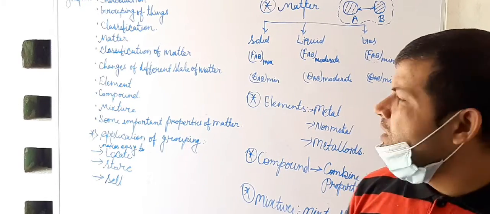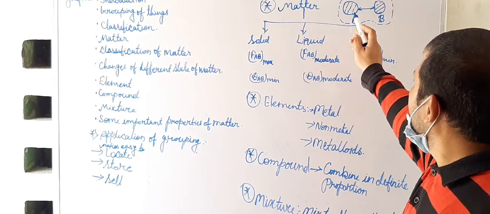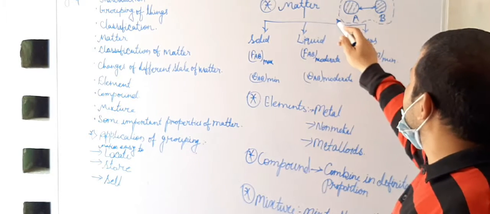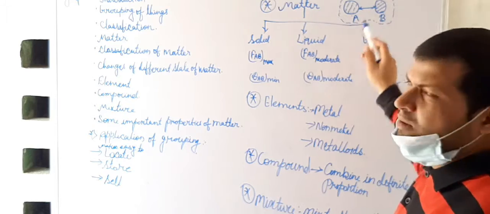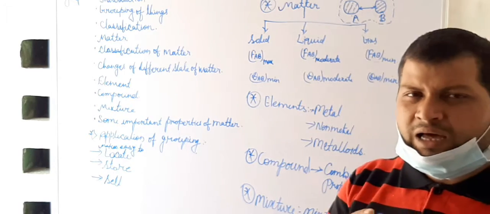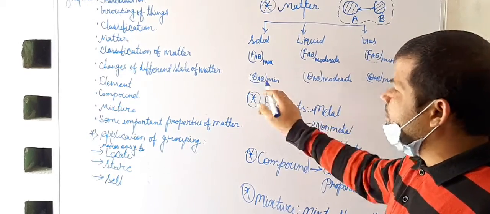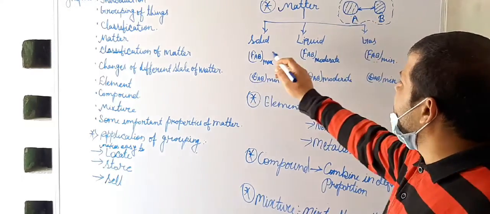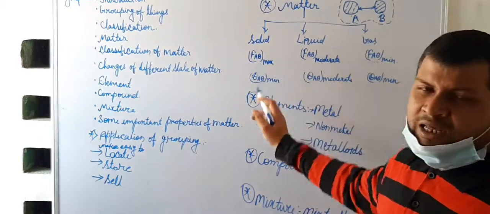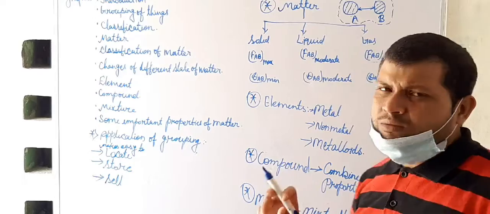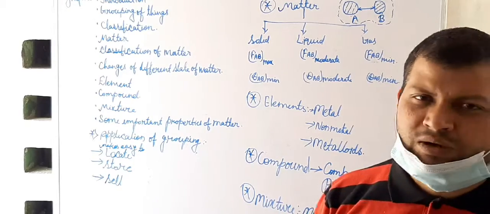In a solid, if there are molecules A and B, then the distance between A and B is written as DAB, and the force acting between A and B is written as FAB. In a solid, the intermolecular force is maximum.